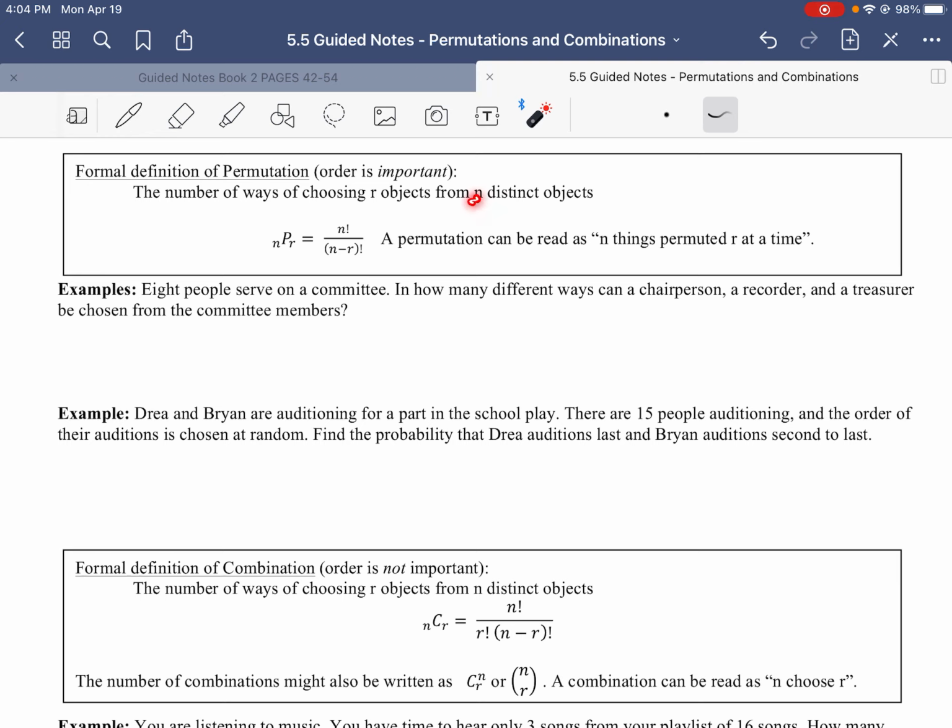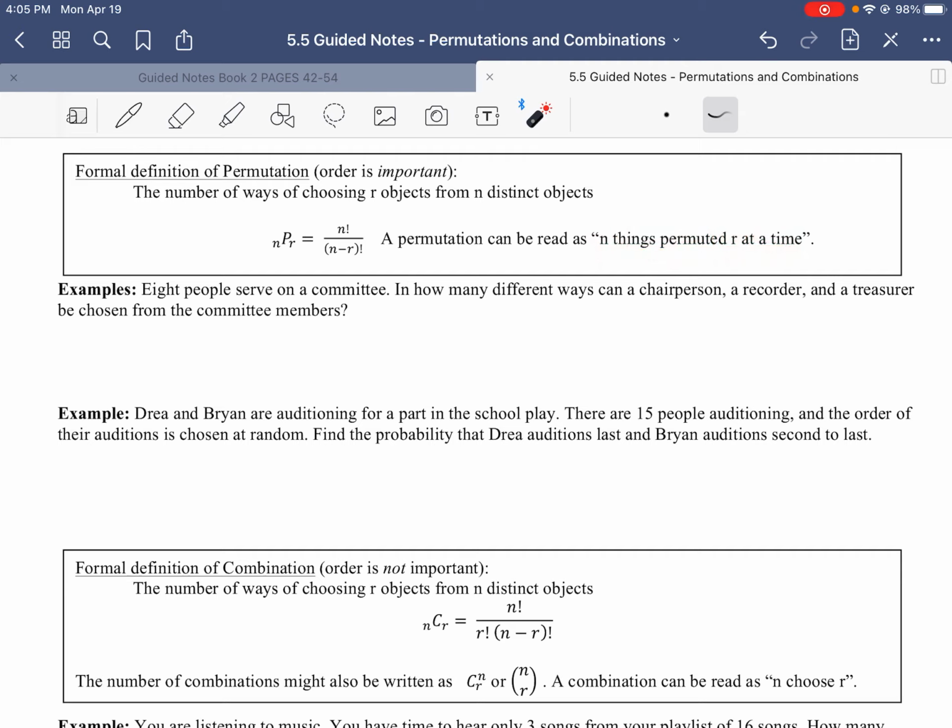Again, n distinct objects is your total that you're choosing from or ordering. r is the number that you're choosing, ordering, or rearranging out of the total. So whatever that total is, we do n factorial on the top, and then we divide it by n minus r factorial. And again, a permutation is read as n things permuted r at a time. So r is that smaller group that we're permuting out of the total n.